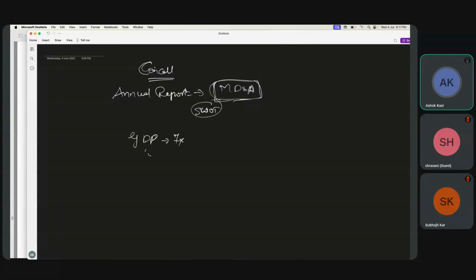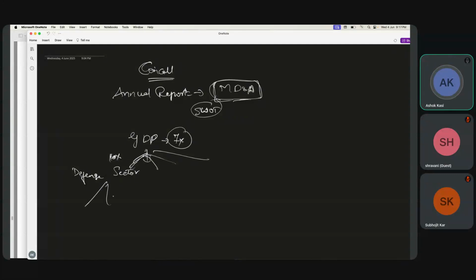Now, if GDP is growing at 7%, which sectors are contributing? Different sectors are contributing, right? So let's say this is the defense sector. Assume that the defense sector is contributing maybe 10 percent. So you know that in this 7 percent growth, the defense sector is going to contribute 10 percent.